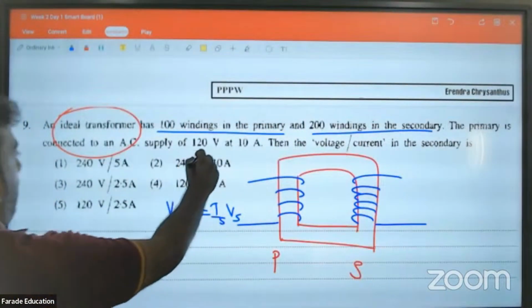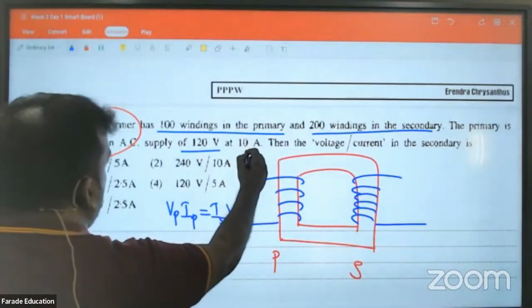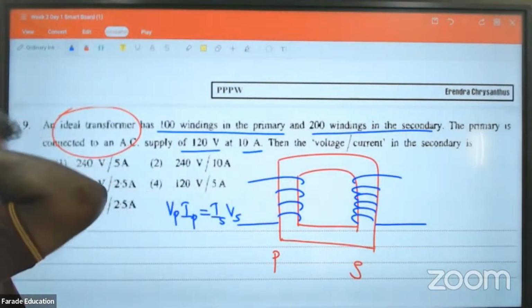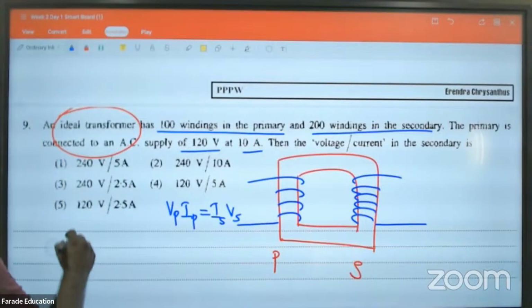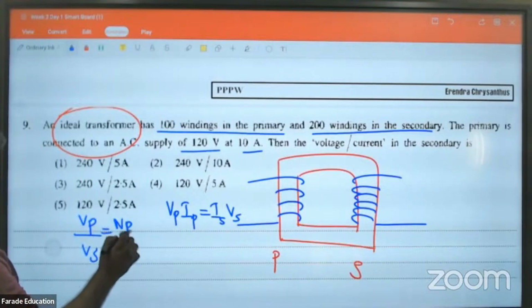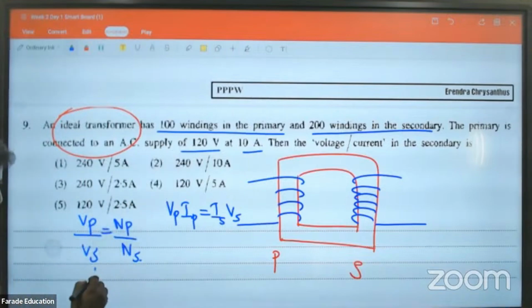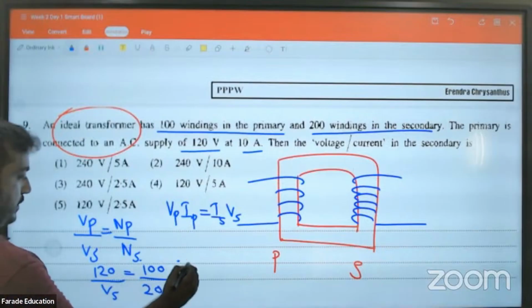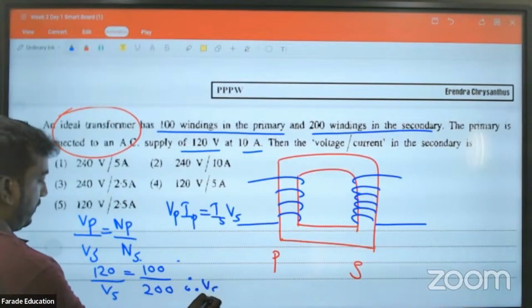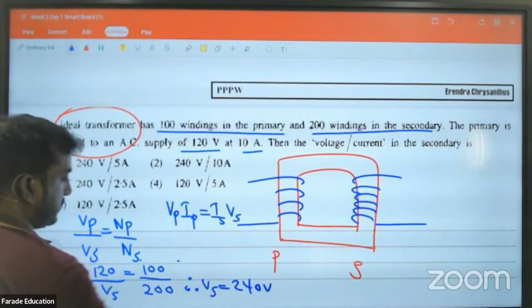The primary is connected to an AC supply of 120 volts, 10 amperes. Then what are the voltage and current in the secondary? We can use the usual equation Vp over Vs equals Np over Ns. Primary is 120, Vs we don't know, Np is 100, Ns is 200. Simplify this. Therefore, Vs is 240 volts.